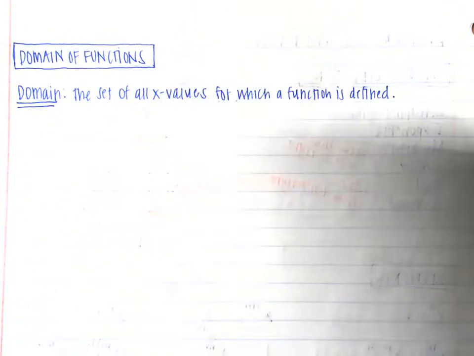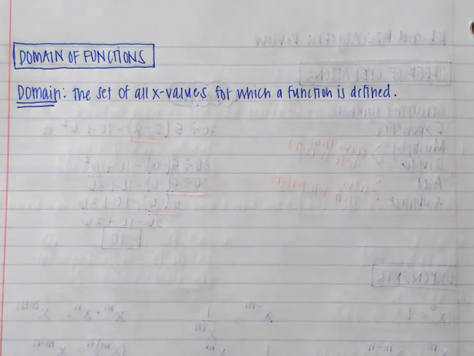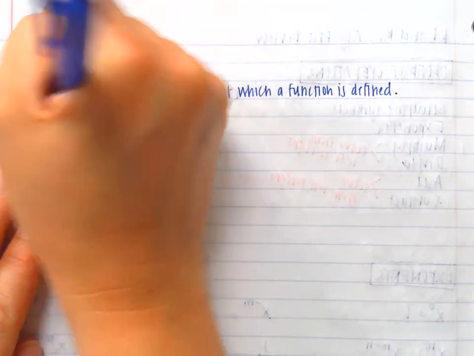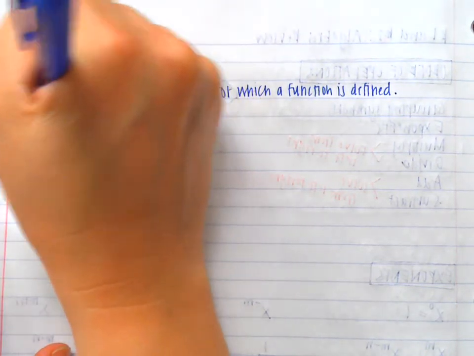Now, what we are going to look at right now is what we call a rational function. A rational function is when we have a variable in the denominator. Okay, so let's get into an example.